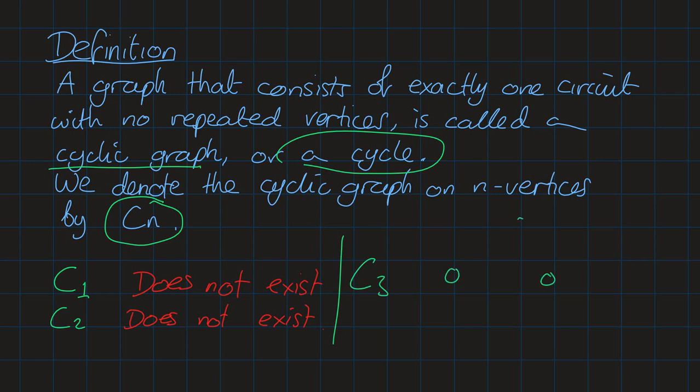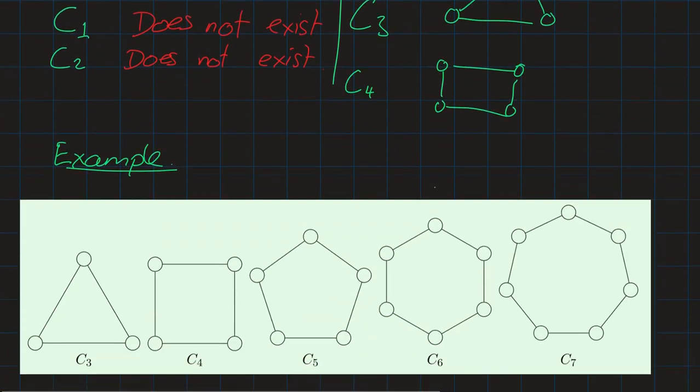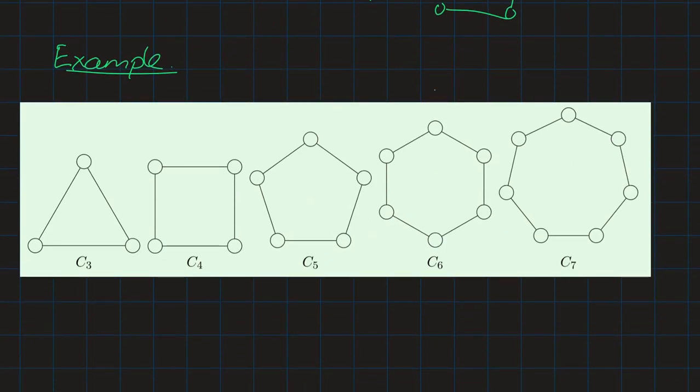You draw three vertices and you just draw a circuit, so a loop. That's C3. And C4 also exists. For C4, you draw four vertices and you draw a loop, like that. So let's look at some higher vertex examples. So we have C3, C4, C5, C6, and C7.